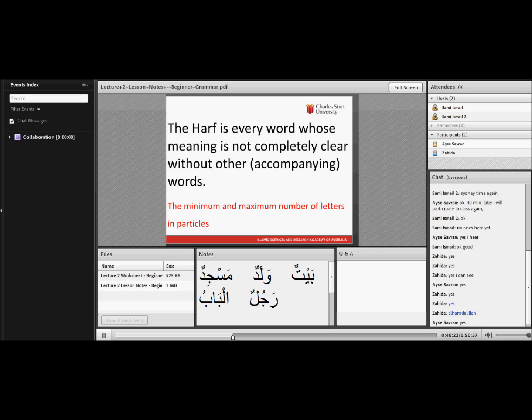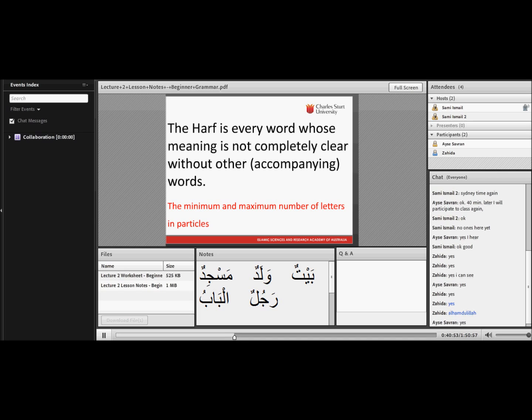So this is what I mentioned before, that a harf always needs an accompanying word, usually an ism, usually a noun. So in the house, from the country, to the mosque, from the road. So we always need something to accompany it. By itself it doesn't really give an exact meaning. So a harf always accompanies something.